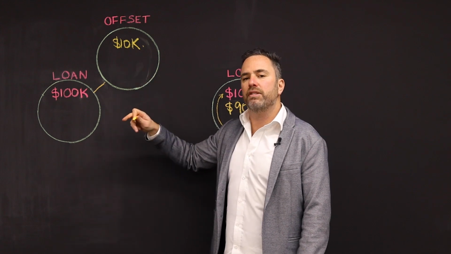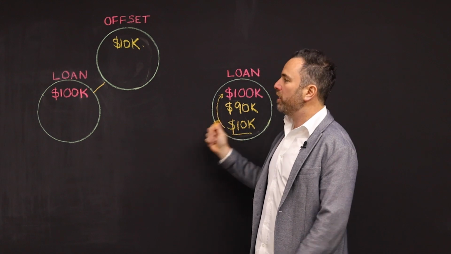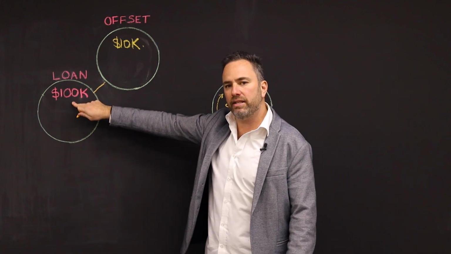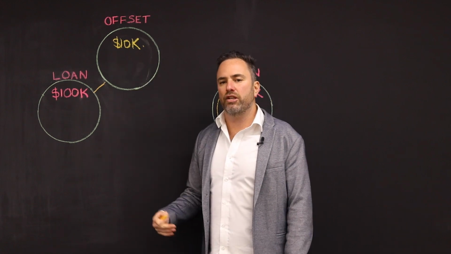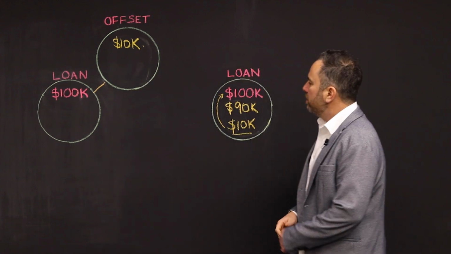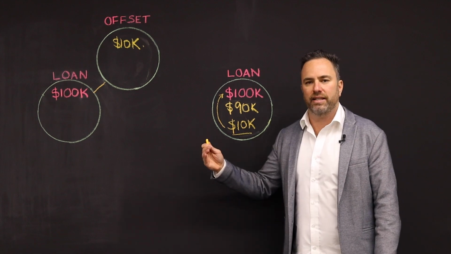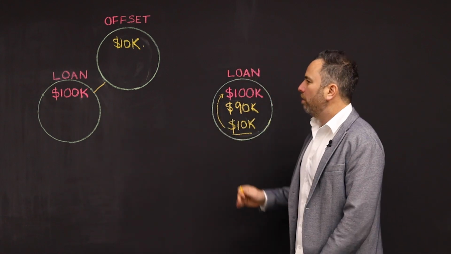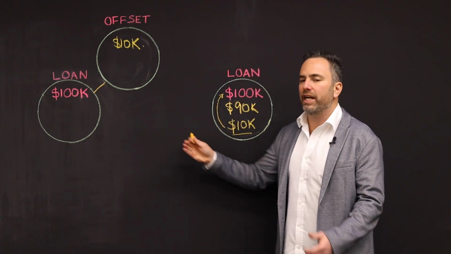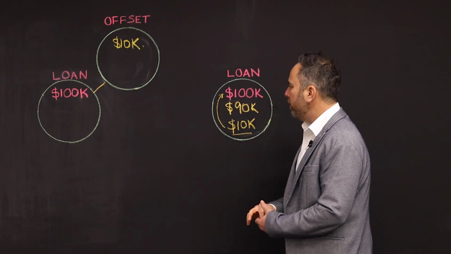When the time comes to charge interest on this loan, you are charged interest on $100,000 minus the $10,000, so you're only charged interest on $90,000. So you'd be right to say, well, if I'm getting charged interest and saving interest in exactly the same way, how would I make the determination between either one of those structures? And it's a really good question.